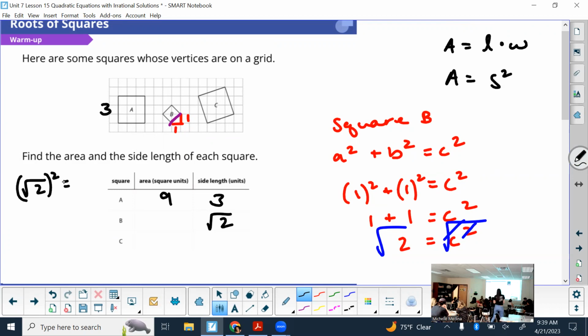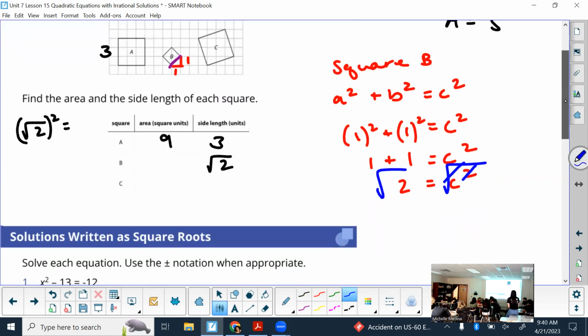Type it in Desmos and see, or you could just remember something that always happens when you square root a square. Wow, you guys might be calculating that.